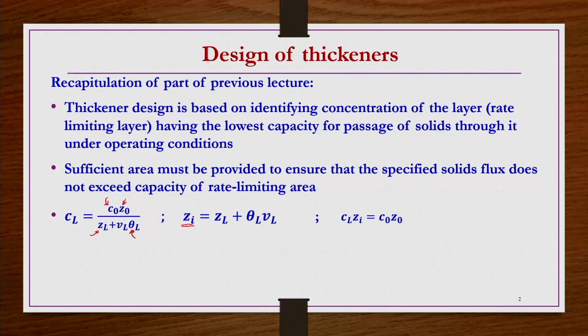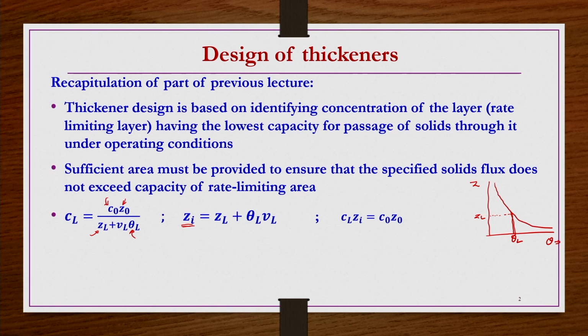And then this ZI is nothing but the intercept, it is not the interface height. So, we have curves like this, the sedimentation curve. If you plot the interface height Z versus theta, you will get a curve like this. The interface height gradually decreases as particles settle down with respect to the time of the sedimentation process, right. So, now let us say this is time theta L. At this theta L, the interface height is nothing but ZL, okay.